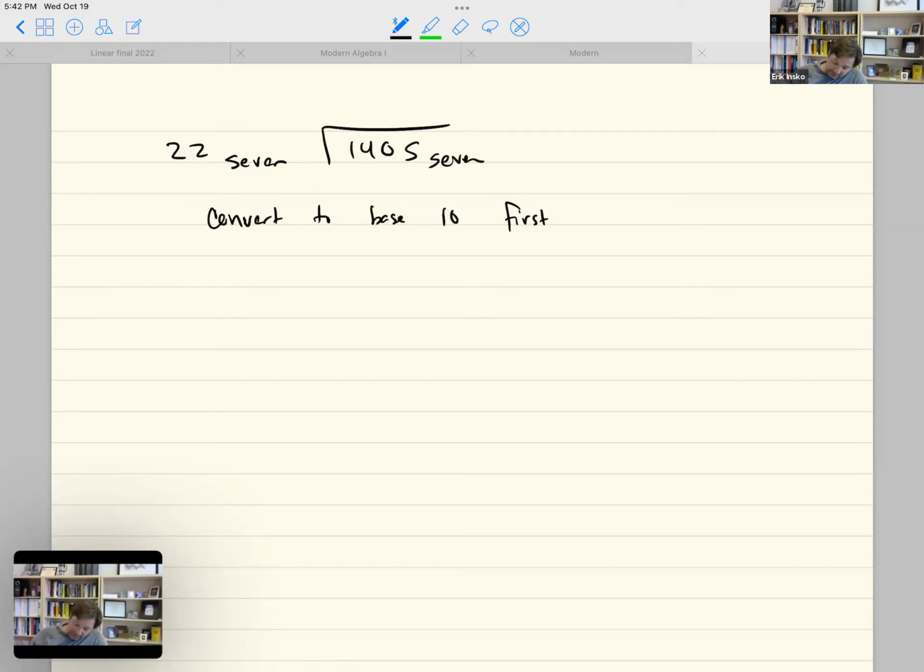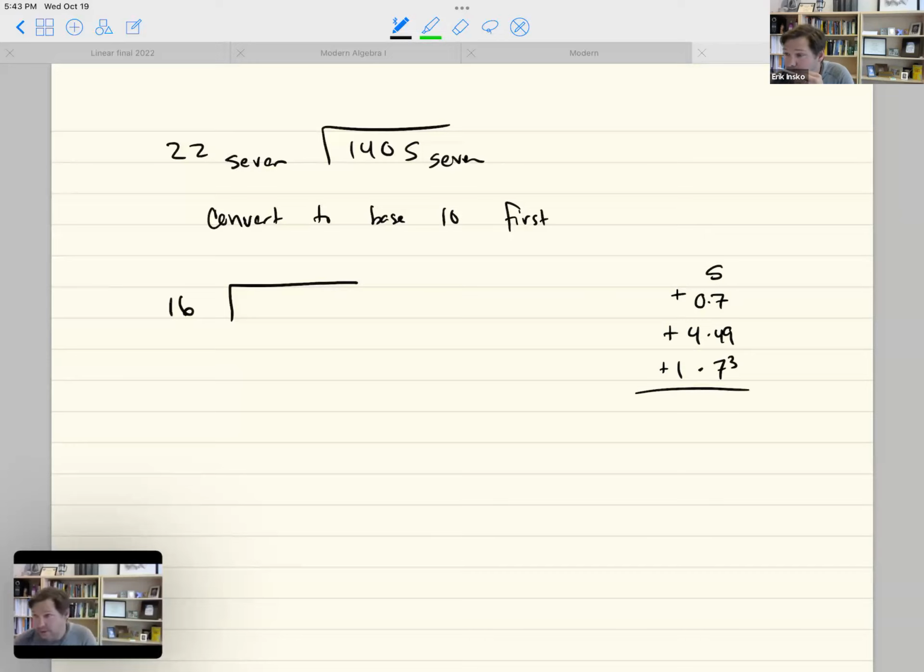Okay, so 22 base 7 is 2 times 7 plus 2, so that's 16. Okay. How many times does 16 go into what is 1405 base 7? Well, that would be 5 plus 0 times 7 plus 4 times 7 squared, or 49, plus 1 times 7 cubed. And I can't do that math in my head, so I'm going to ask a calculator what that number is.